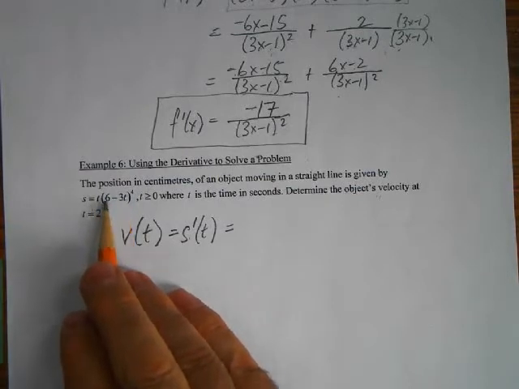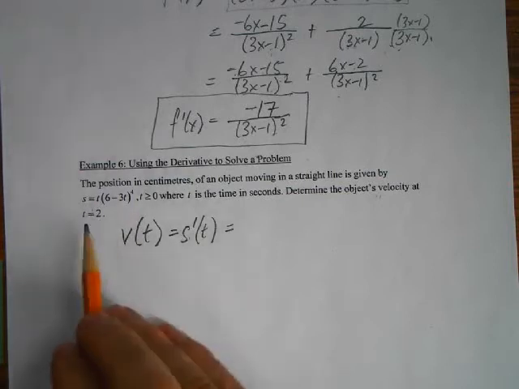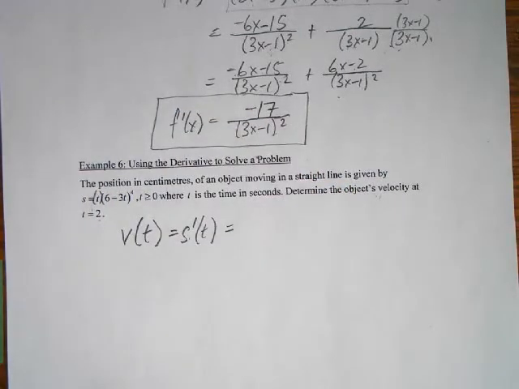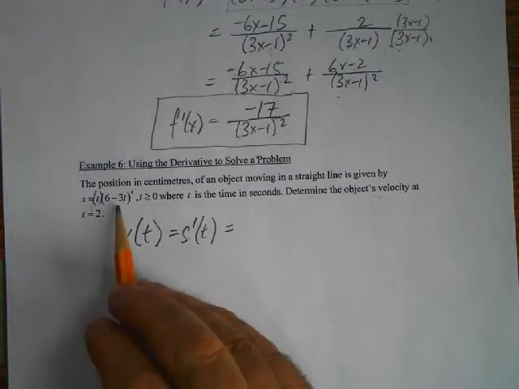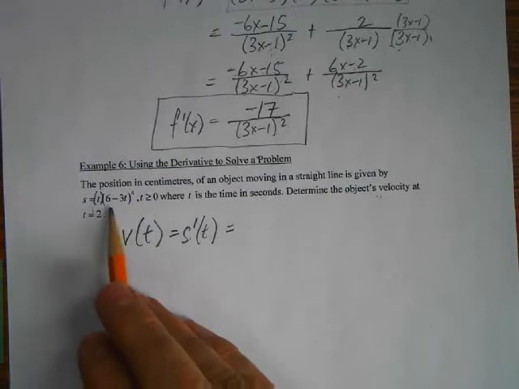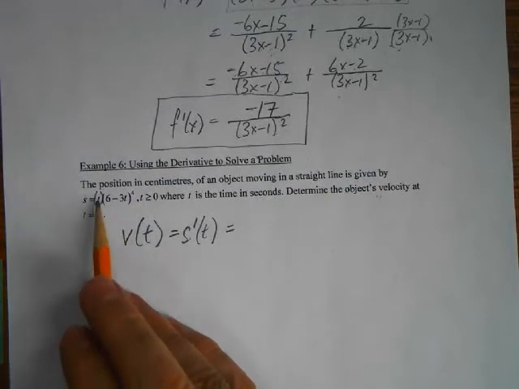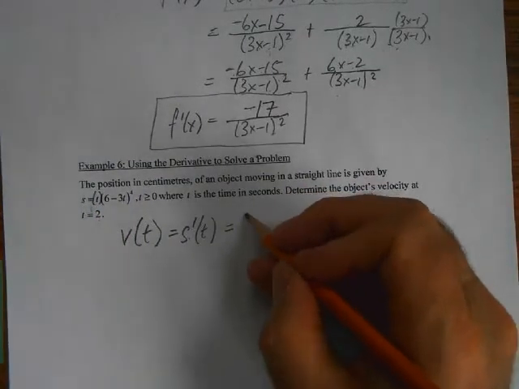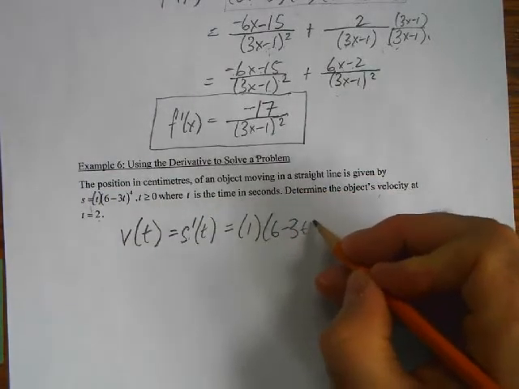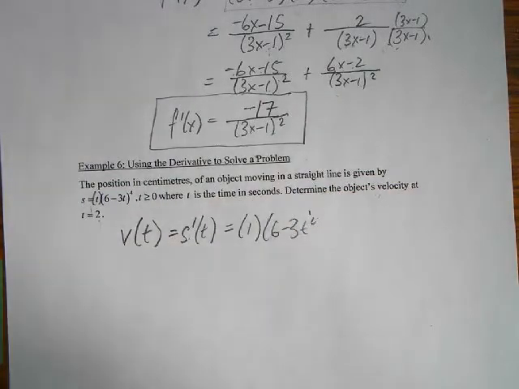So again, this is a product, right? I've got the t in front, which is like its own function, and then the 6 minus 3t to the fourth is the second function. So when I take the derivative of that, the derivative of t with respect to t is 1, times 6 minus 3t to the fourth.